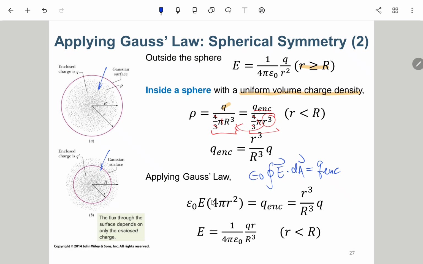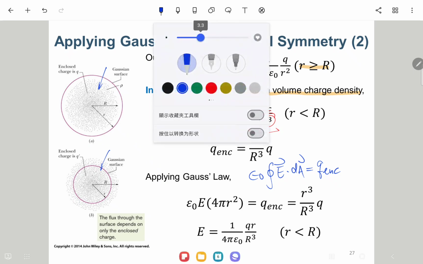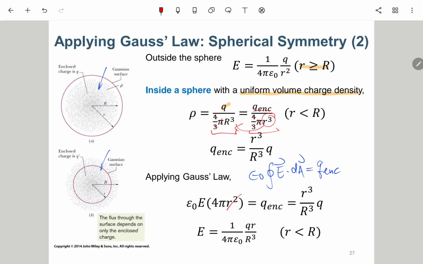And then finally, we can do some cancellation. We can cancel this r squared partially with this r cubed, down to an r. We keep E on the left side, and move the rest to the right side. So 4 pi epsilon naught goes here, and then Q times r, and capital R cubed is in the denominator.